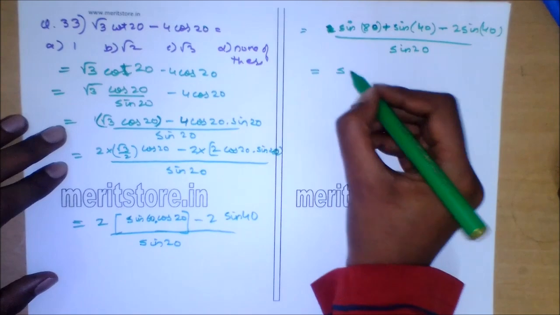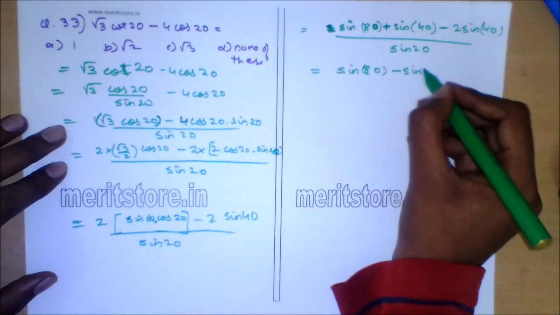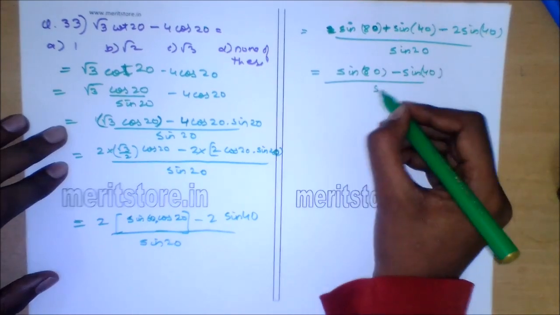This is equal to sin 80 minus sin 40, divided by sin 20.